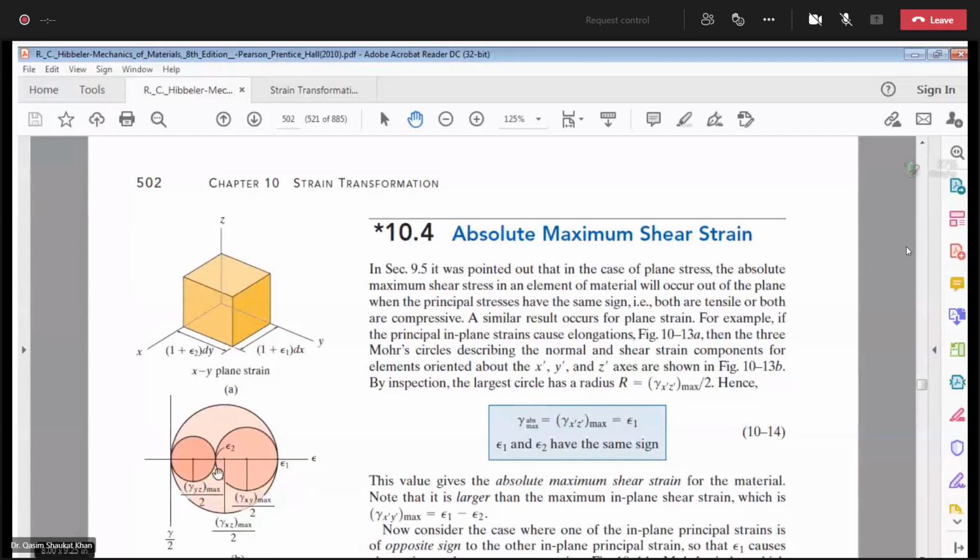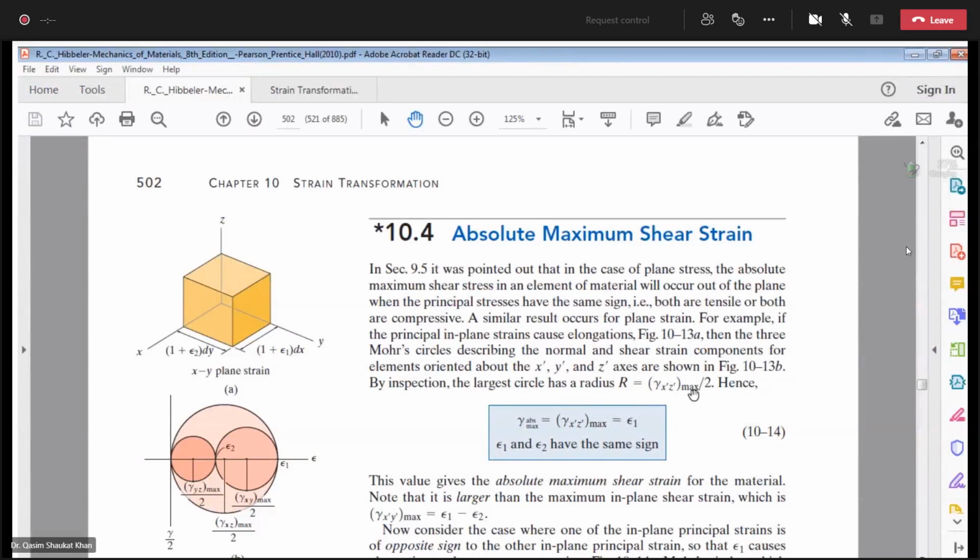Okay, so this is basically epsilon 1 over 2, which is equal to gamma xz over 2. The 2 in the denominator will cancel out. So your absolute maximum shear strain will become equal to epsilon 1. So that's why they are just writing epsilon 1, because the 2 in the denominator will cancel out.